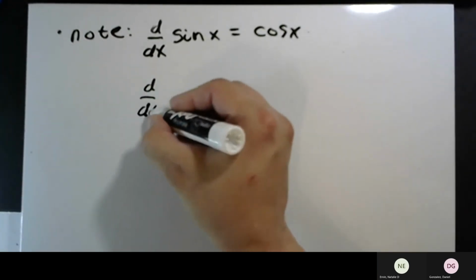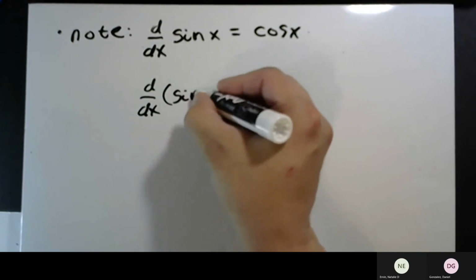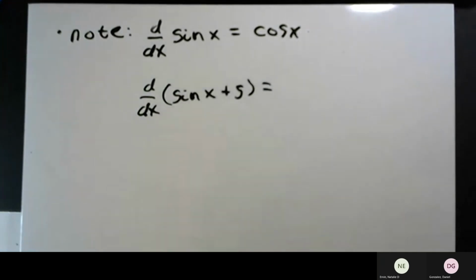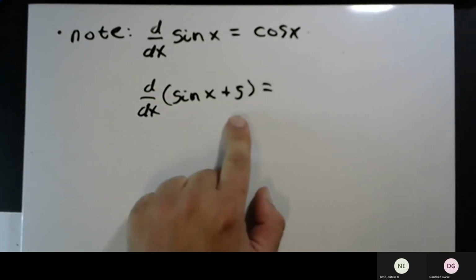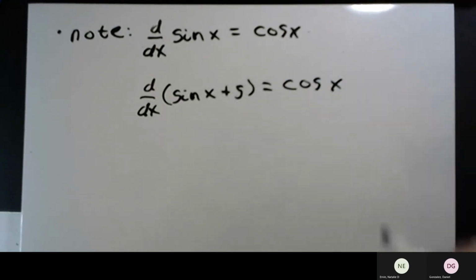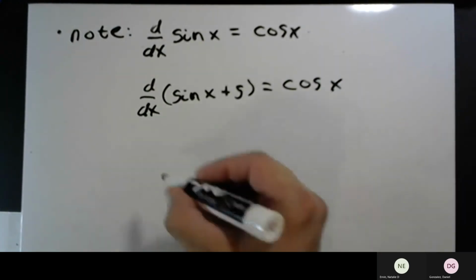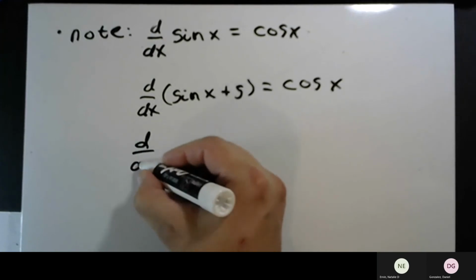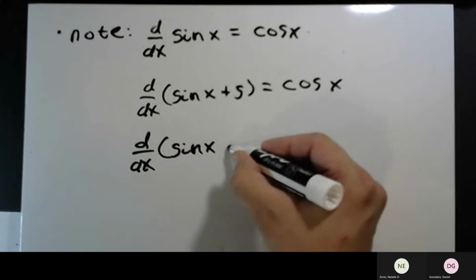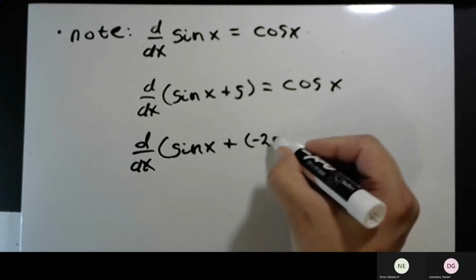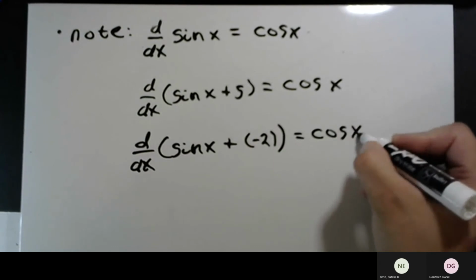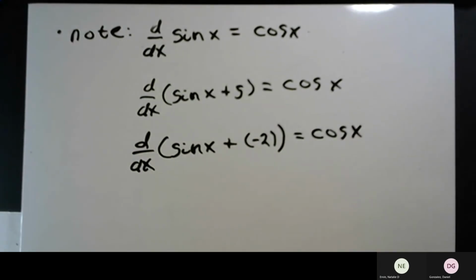But likewise, if we took the derivative of sine x plus 5, this would be cosine of x, and the derivative of 5 would be 0. If we took the derivative of sine of x plus -2, we would still get cosine of x. Again, it's just a constant.